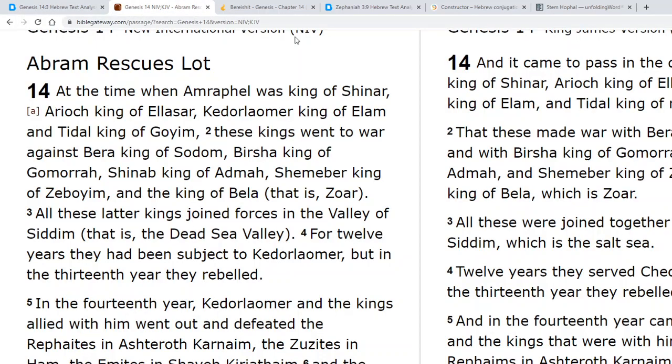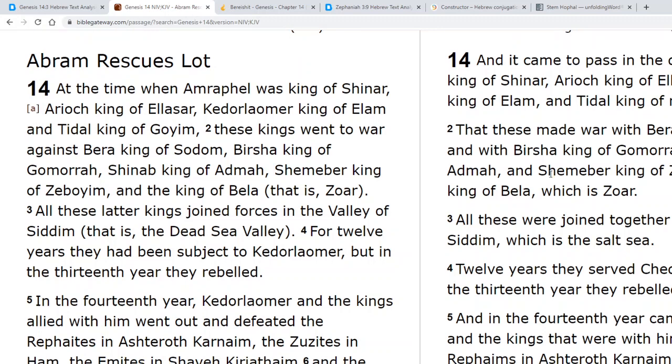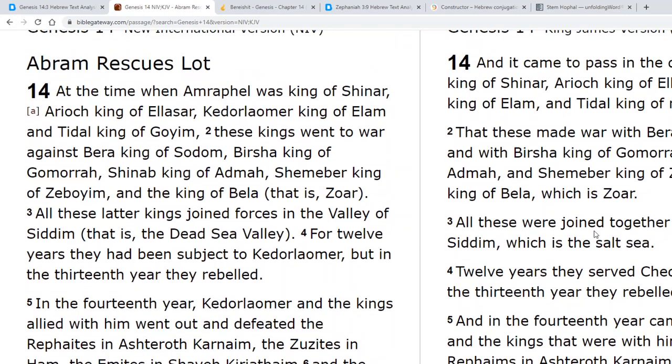Let's see what the translations say. King James: all these were joined together in the Vale of Siddim, which is the Salt Sea. So they're kind of saying that there's a Salt Sea there, which I'm not sure I agree with. I think that may be separate from the Dead Sea. NIV seems to not go with that. Okay, let's look at the NIV.